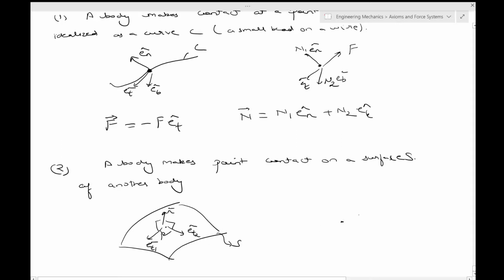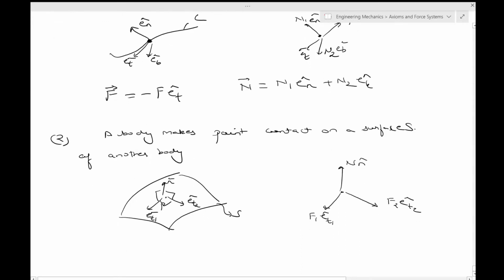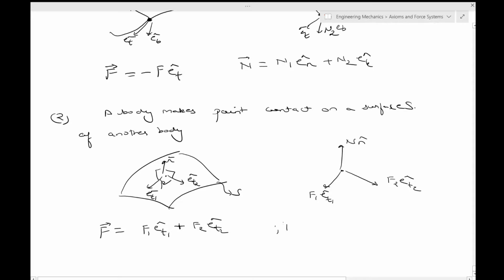Now if you want to draw this, you will write it. So you will have the first friction in the ET2 direction, you will have the second friction in the ET1 direction, and then you will have the normal in the n cap direction. So the friction force over here will be F1 ET1 hat plus F2 ET2 hat, and the magnitude of F, needless to say, is square root of F1 square plus F2 square, and the n will be equal to N n hat.